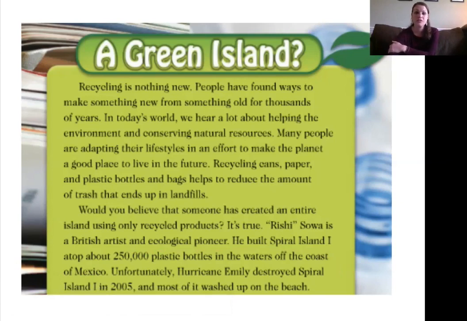And it's important to remember that when we adapt, when we come up with solutions, sometimes we have to continue adapting those solutions. So he had a really great idea for conserving and for repurposing recycled products, but he's going to have to make changes so that his idea is successful again.